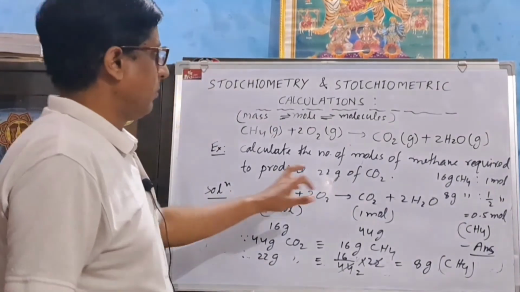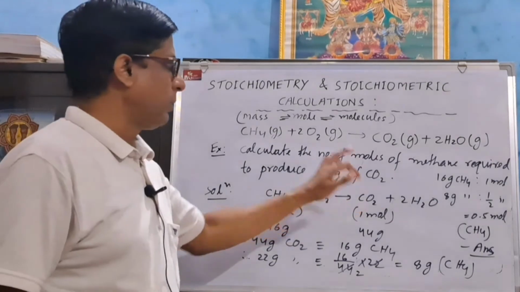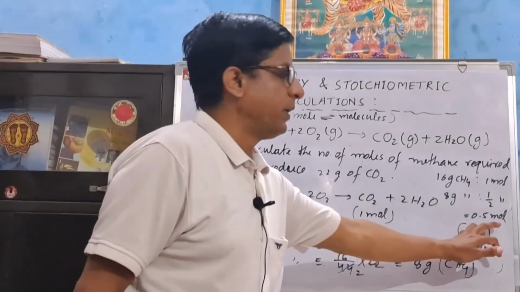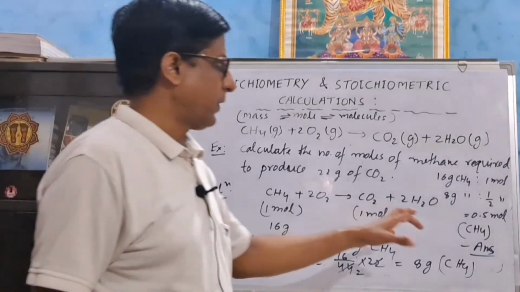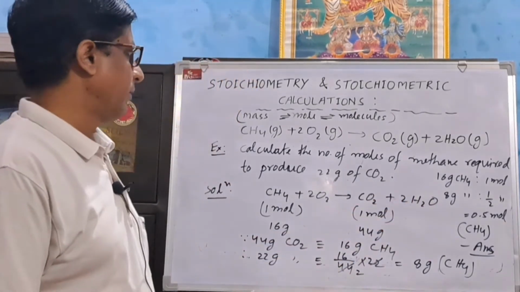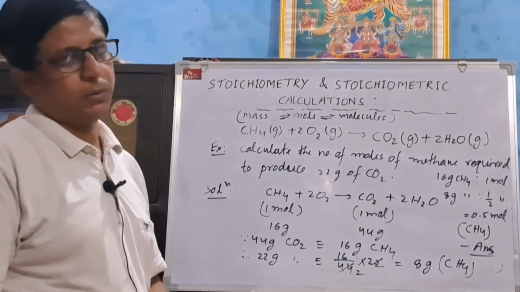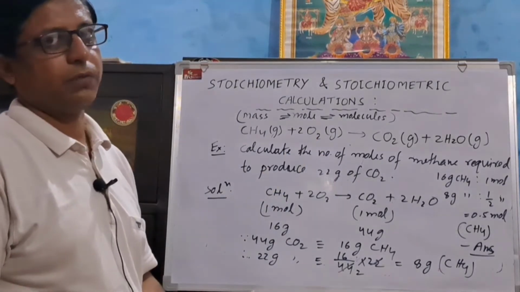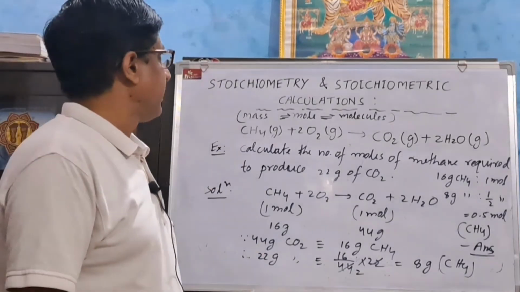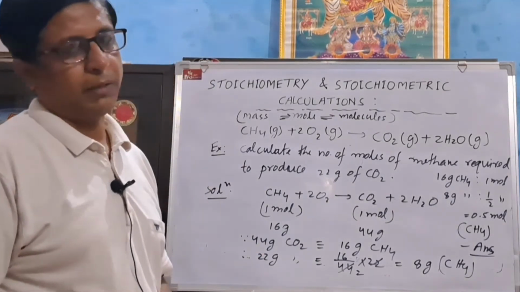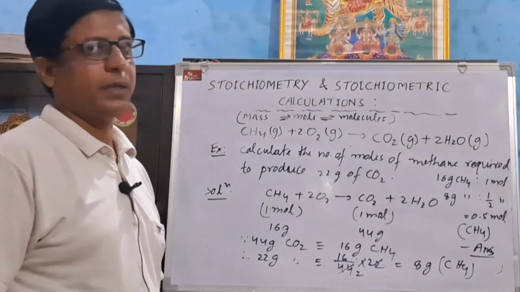Thus, the number of moles of methane required to produce 22 grams of CO2 is 0.5 mole. Thus, with the help of stoichiometry, we can calculate the amount of reactants or products required in a balanced chemical reaction.